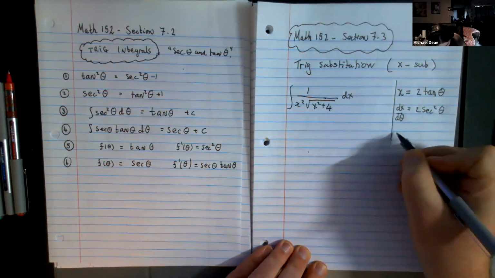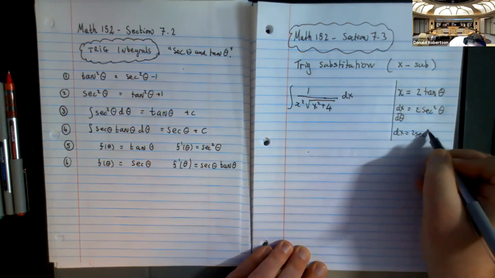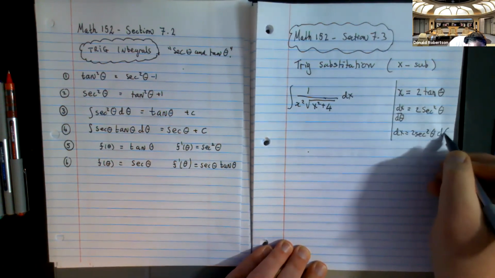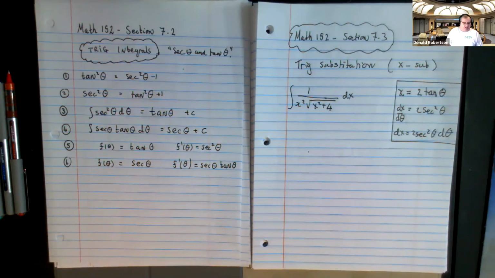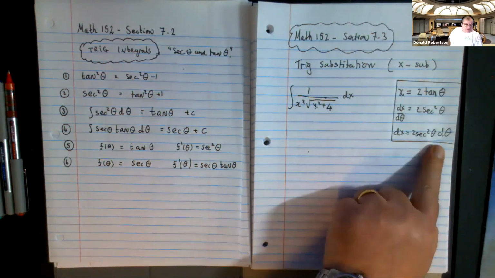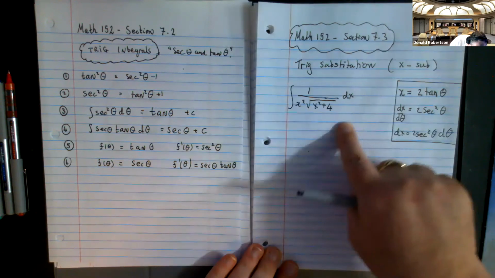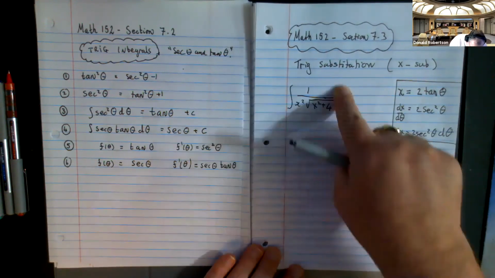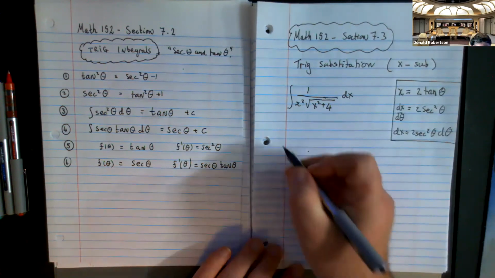Now you do the crossover. Except when you do x subs, you only need 3 lines instead of the typical 4. Because what I've now got is dx in terms of thetas, and I'm going to replace every single x that you see here, including the dx, with something with thetas in it.